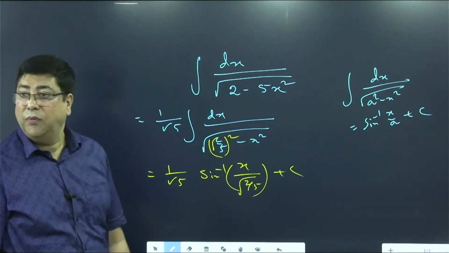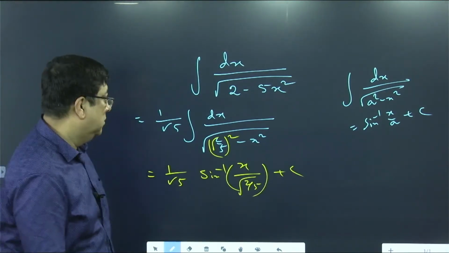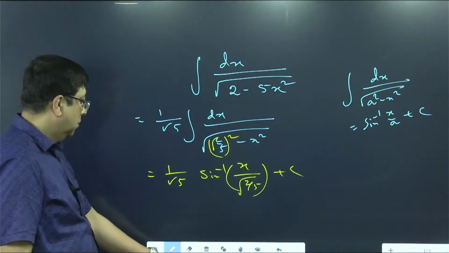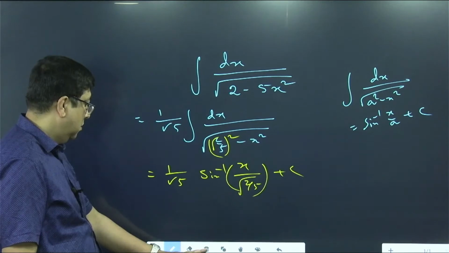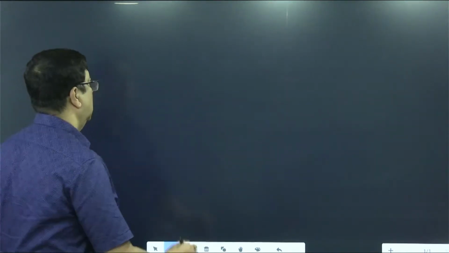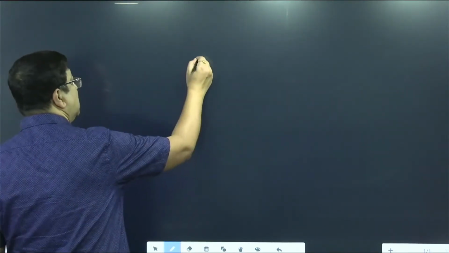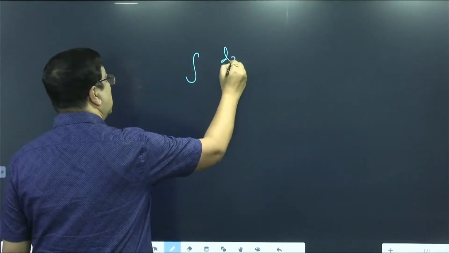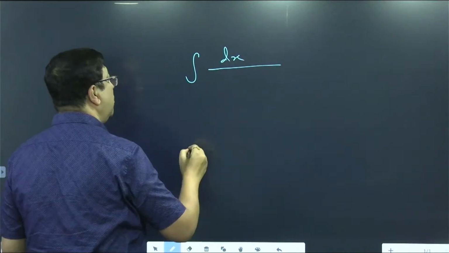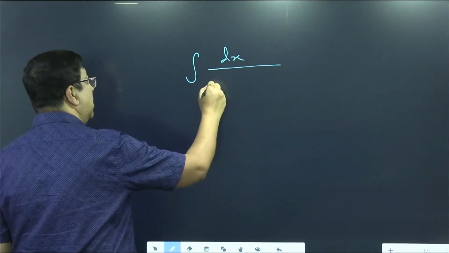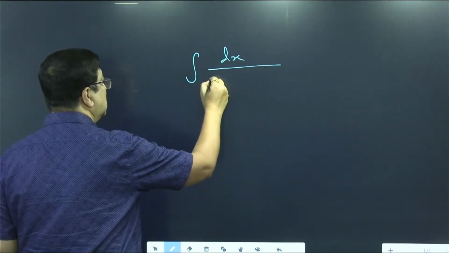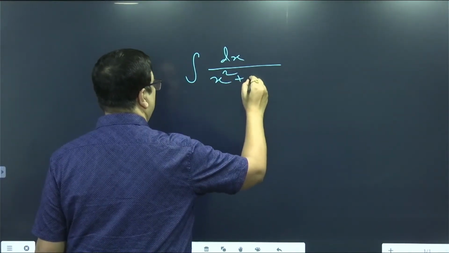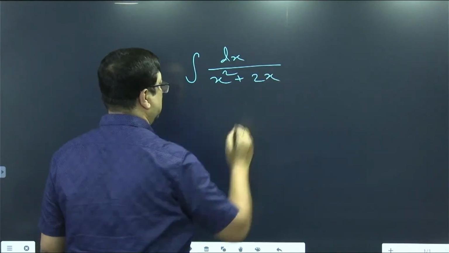Okay, understood the application of the formula? Next. So everybody, once again I am telling you, we are doing basic substitution. There is another type which is very common for the board examination and for solving the sums, that is, suppose this type of sum, x square plus 2x.